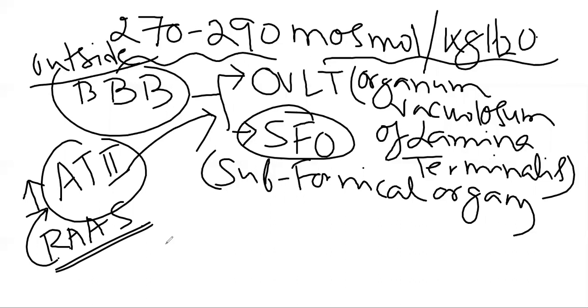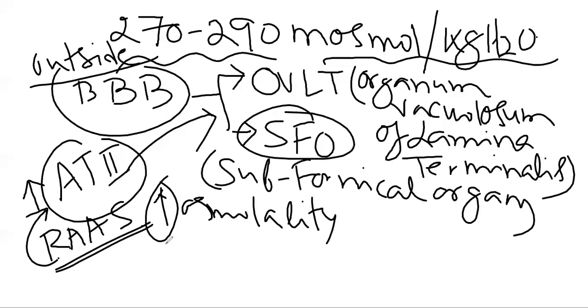Now, osmoreceptors or osmoregulators can sense a change in osmolarity as low as less than 1% to a maximum of 2 to 3% milliosmol per kg H2O, and a change in blood volume as low as 10 to 15%. That means these receptors can sense the change in osmolality when there is an increase in osmolality even as low as less than 1%.